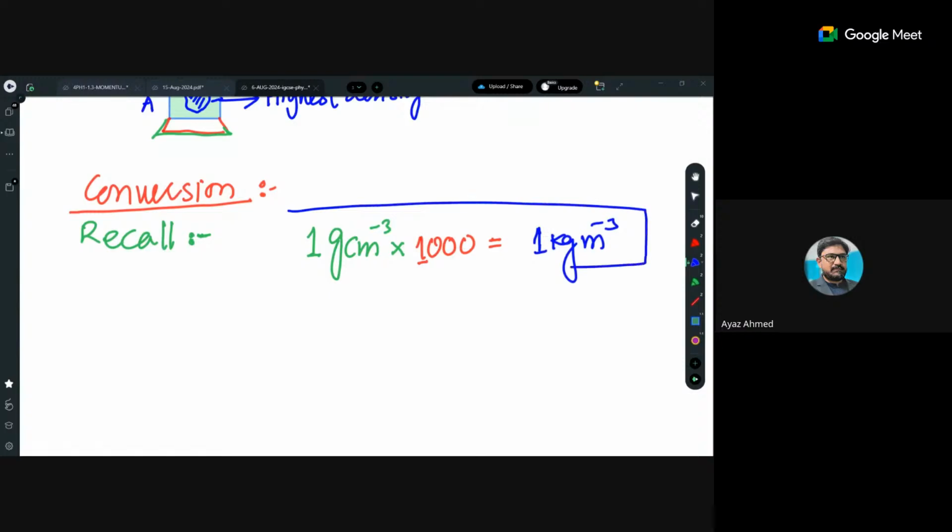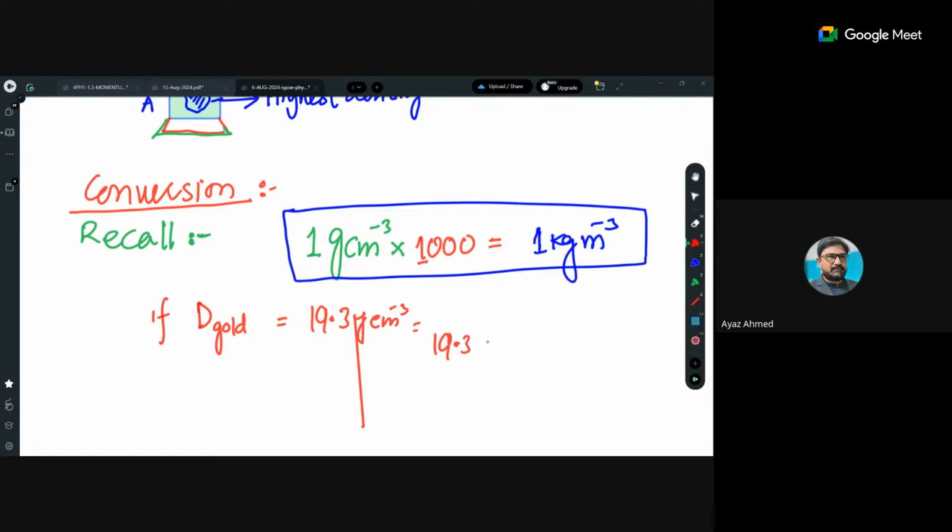Then it becomes equal to 1 kg per cubic meter. Just that simple. For example, the density of gold is 19.3 grams per cubic centimeter, right? I multiplied 19.3 times 1000, and I got the number 19,300.